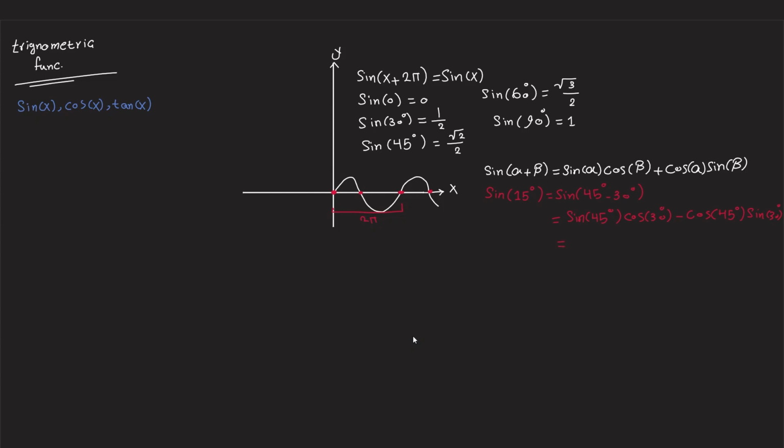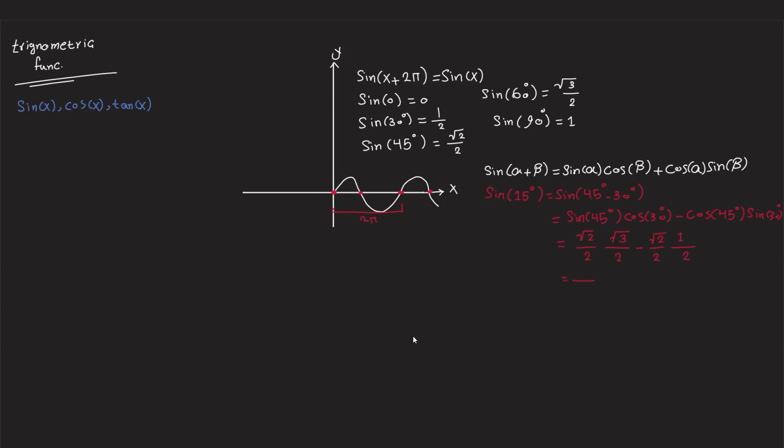And this equals, the sine of 45 degrees is equal to the square root of 2 over 2, and the cosine of 30 degrees, we haven't talked about cosine yet, but it's basically the reverse of sine. The cosine of 30 degrees is equal to the square root of 3 over 2, minus the cosine of 45 degrees, which is the square root of 2 over 2, and the sine of 30 degrees is 1 over 2.